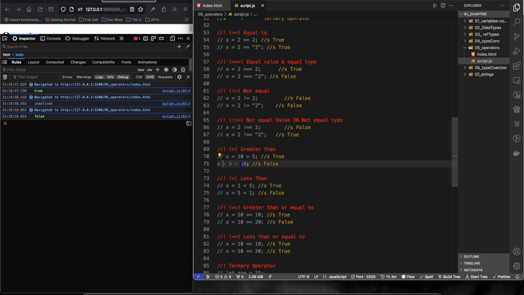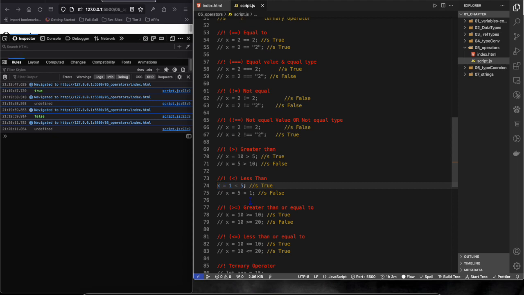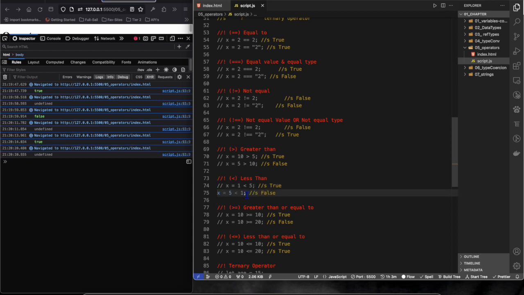X equals 5 is greater than 10. That will obviously be false because 5 is lower than 10. We have the less than symbol. X equals 1, which is less than 5, equals true. And then a false statement for it. We have x equals 5, which is less than 1, which will equal false because 5 is greater than 1.